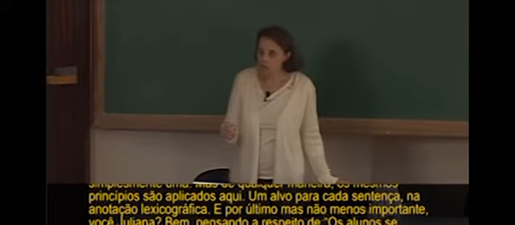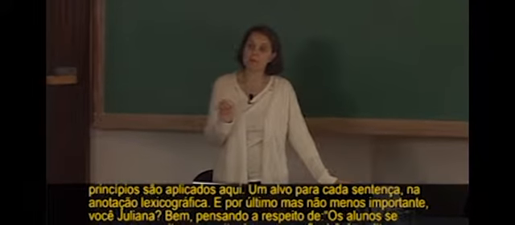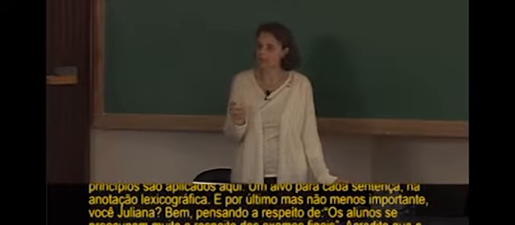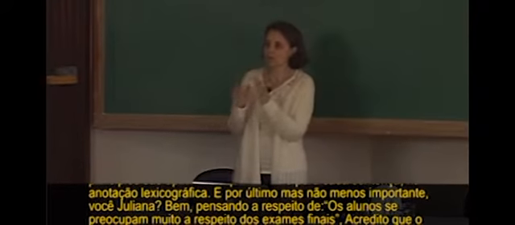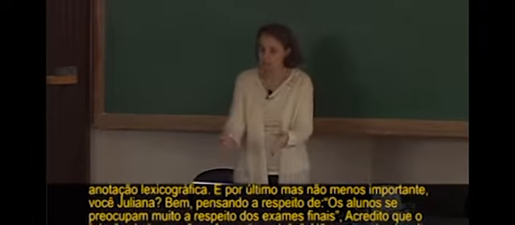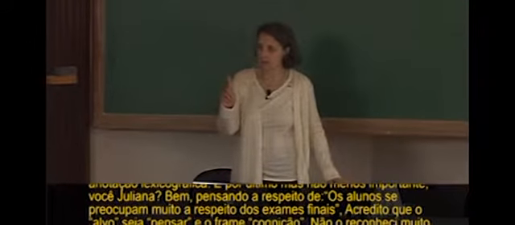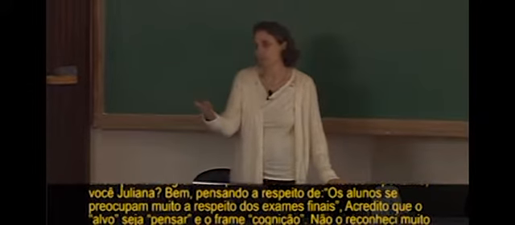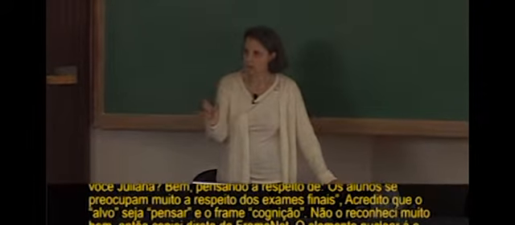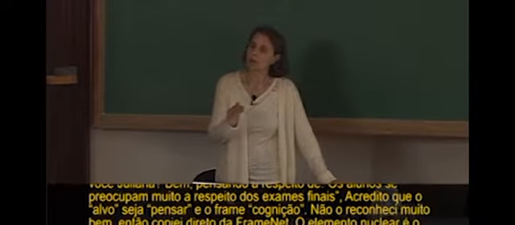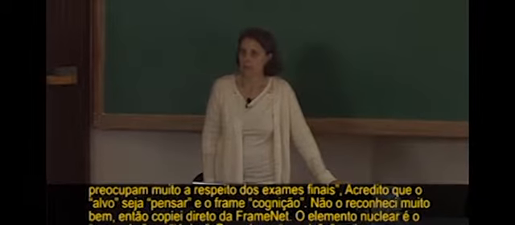Correct. But remember that when we do lexicographic annotation, we have one target at a time. In terms of the assignment, I probably should have only highlighted one of them. But nevertheless, the same principles apply. One target per sentence for lexicographic annotation.